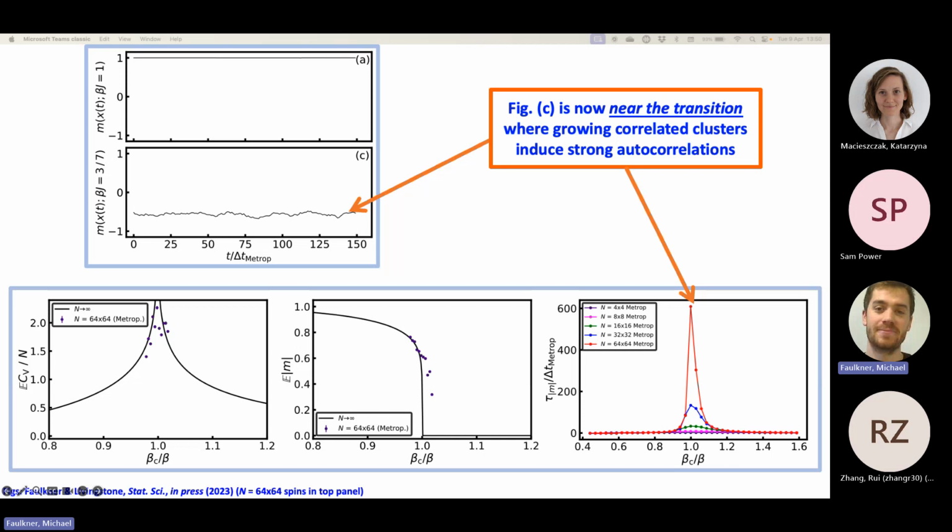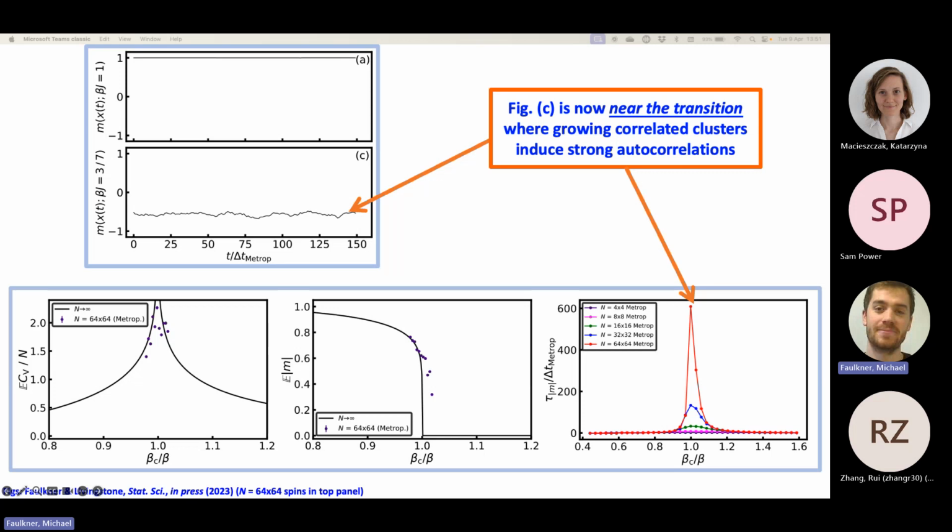This is a plot of the integrated autocorrelation time of the Metropolis algorithm as a function of temperature. You have to believe me that over here it's also zero, and here it's zero. This is for an array of different system sizes, where this orange data is for the largest system size, n equals 64 by 64.